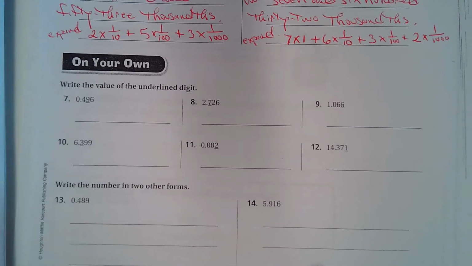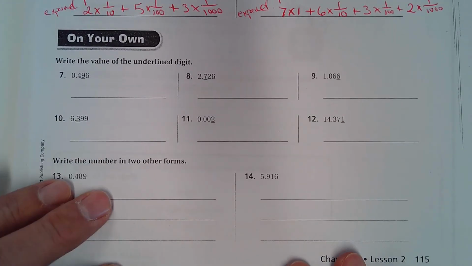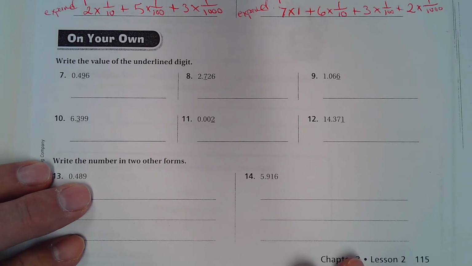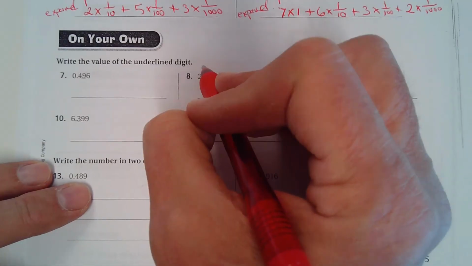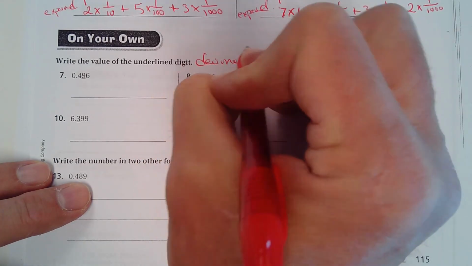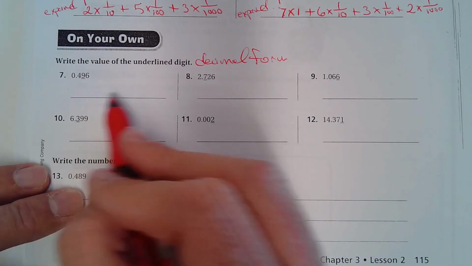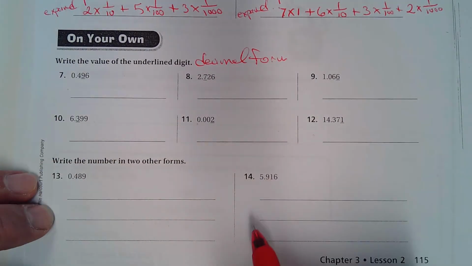Write the value of the underlined digit. So again, they don't tell us. So let's do it in decimal form. So do that for 7, 8, 9, 10, 11, 12.